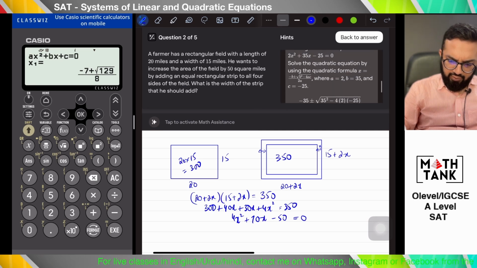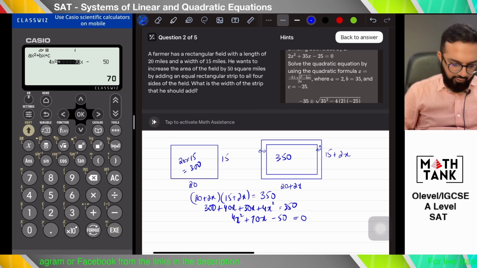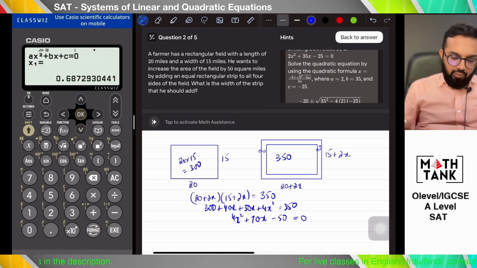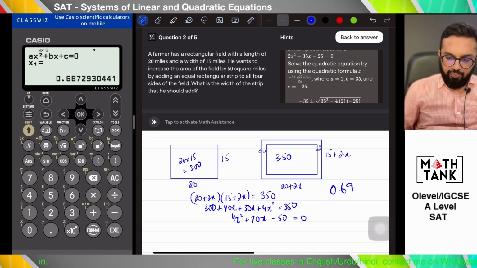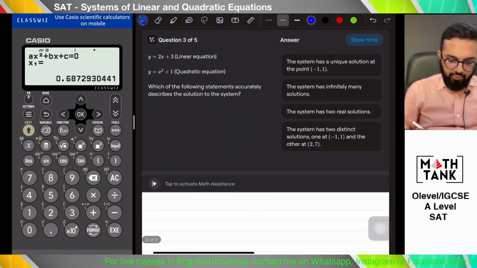I think I've done some calculation mistake. Let's check if we've done a calculation mistake. That should be 4, not 40. Okay, that's 0.69. So I did a small calculation mistake, otherwise it's fine. Let's do that again later on.